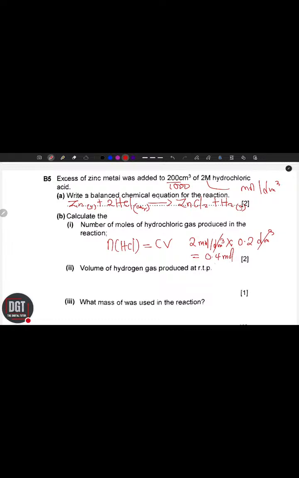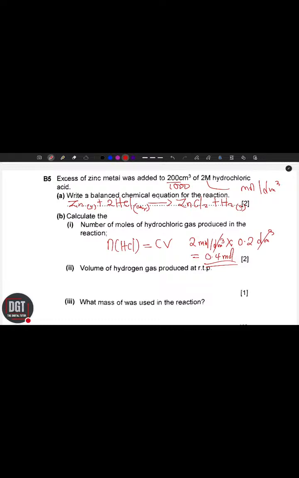Decimeter cubed and decimeter cubed cancel. Confirm? Okay, so Jackson, you've gotten the equation right. And of course, PD, you've calculated the correct number of moles.